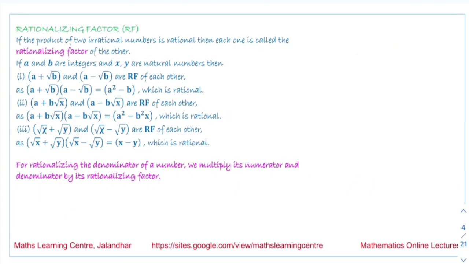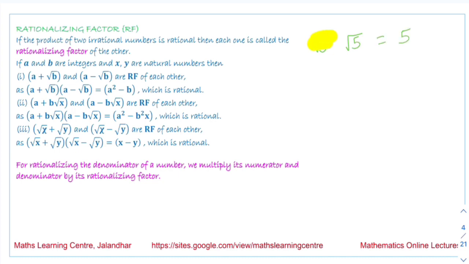Now if the product of two irrational numbers is rational, then each one is called the rationalizing factor of the other. In the previous example, we multiplied square root 5 with square root 5 and the answer is 5.